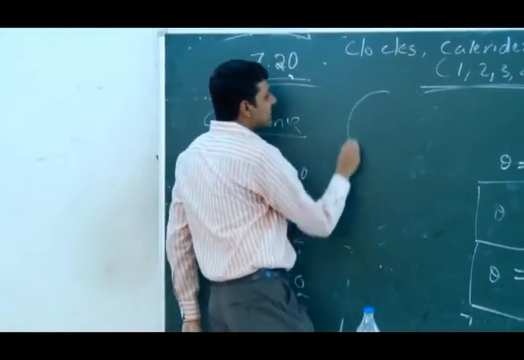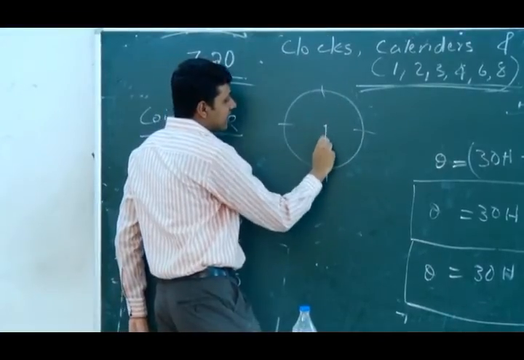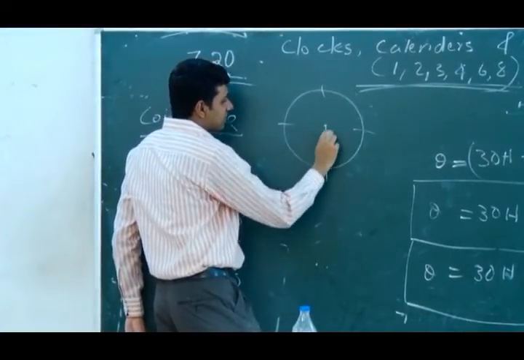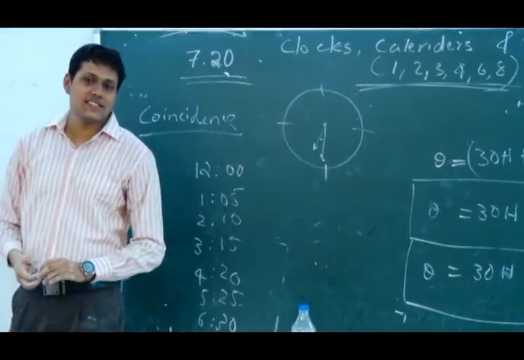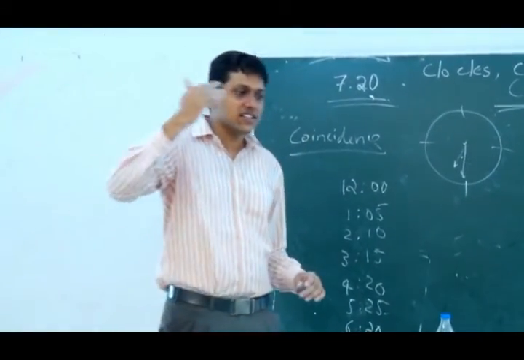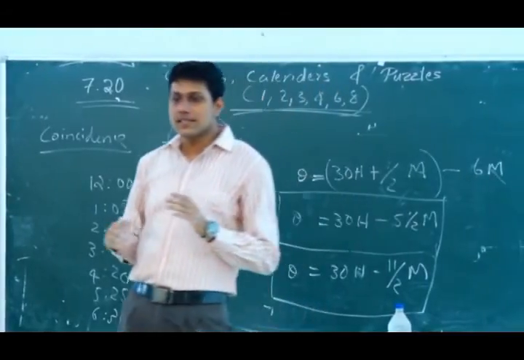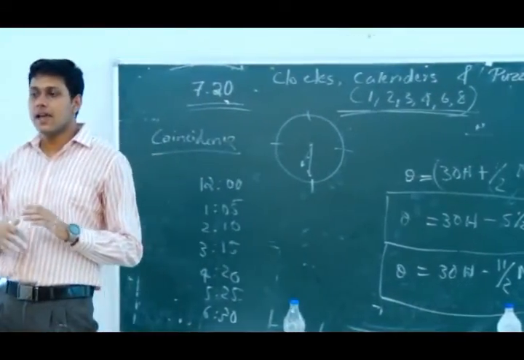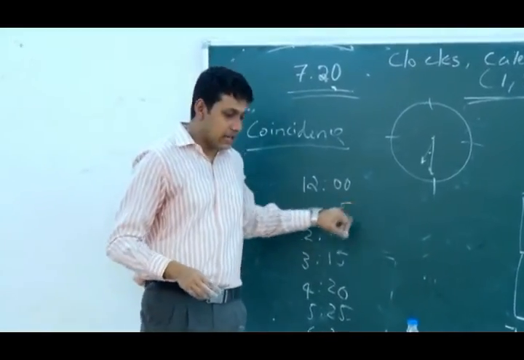So what is 6:30 like? 6:30 will actually look like this. So our assumption is not right. It's not just 1 hour 5 minutes, 1 hour 5 minutes. We are missing something, because at 6:30 the hour hand is a little bit ahead. So we need to find out what the time is.